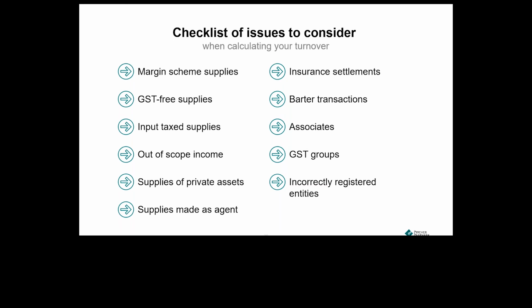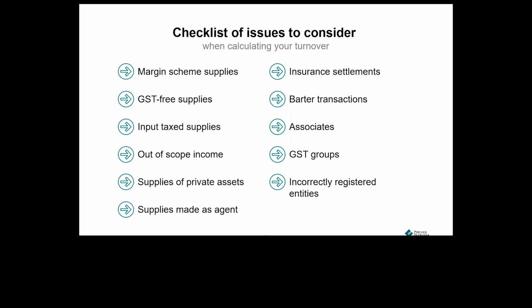As we've seen before, GST-free supplies are relevant and need to be included within your GST turnover. So if you haven't reported those in your BAS, which is a reasonably common circumstance where taxpayers just leave GST-free supplies out of their BAS because they don't have any GST impact, those supplies will need to be included within your turnover.